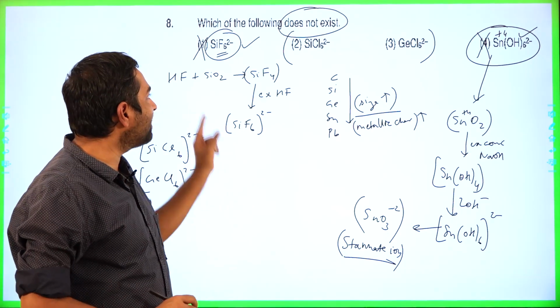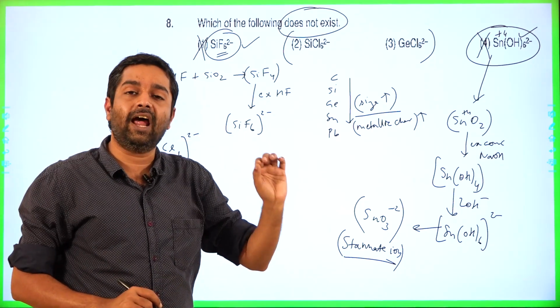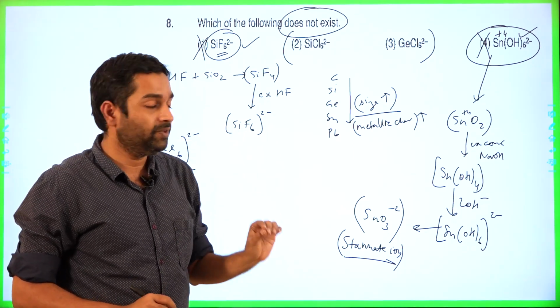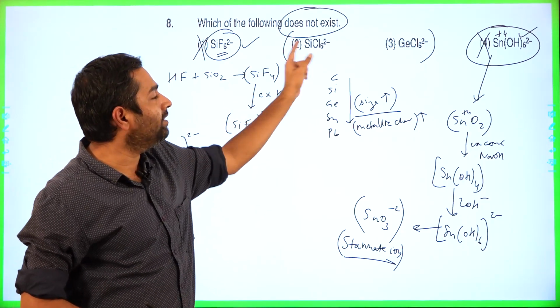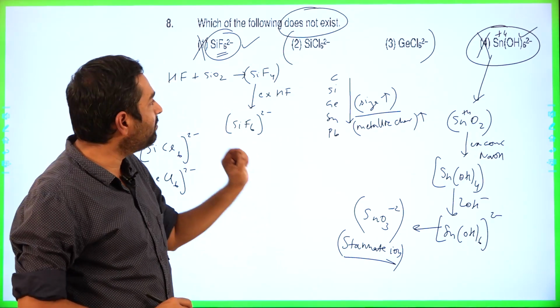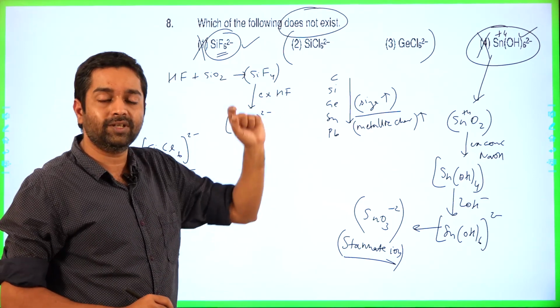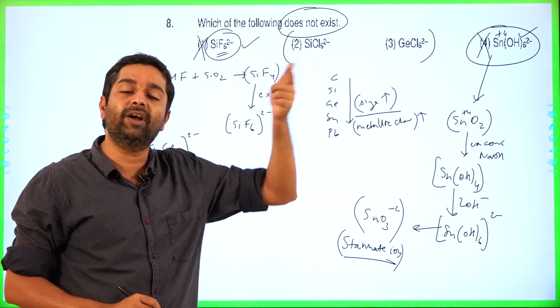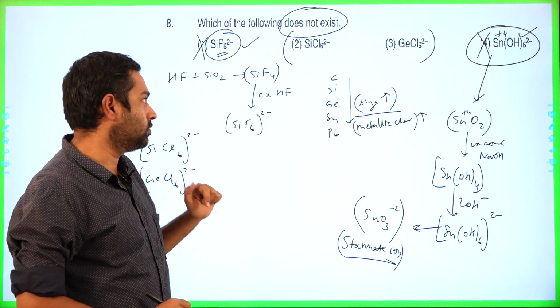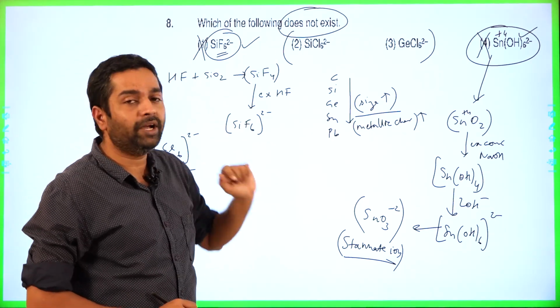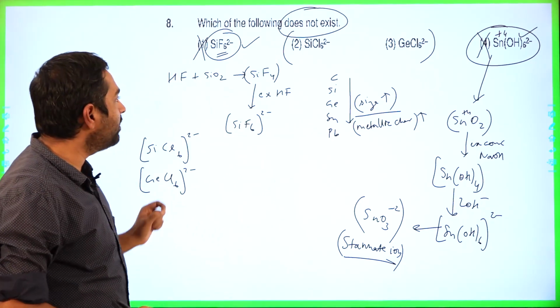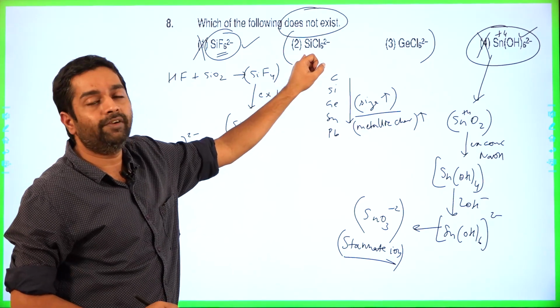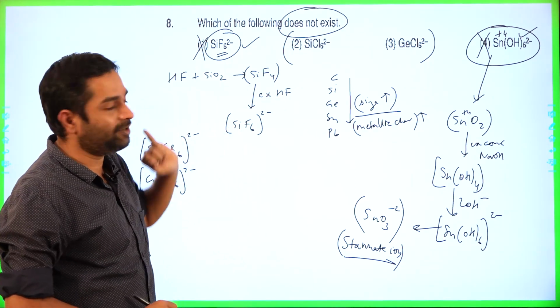Because it is smaller in size, it can surround the silicon atom more comfortably. Now, if I am going to be applying the same for Cl- over here, Cl- is a much larger anion because F- is going to be above Cl- in its group. So, you are going to be having the Cl- being larger in size compared to F-. Because of that, this is going to be more difficult to exist compared to the SiF6 2-.